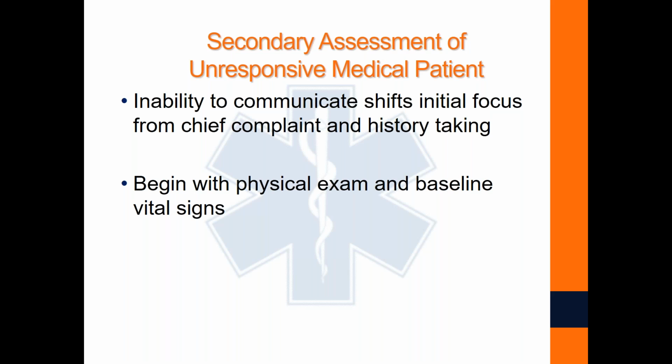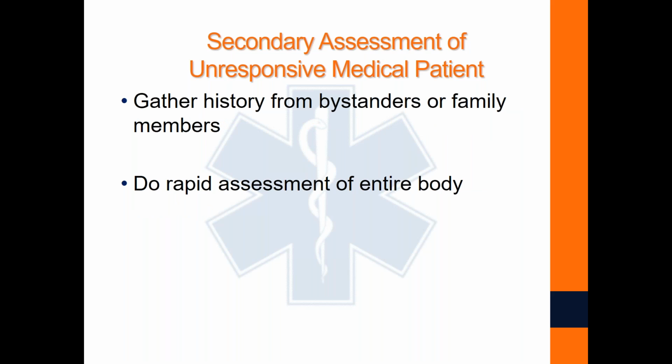We get our set of baseline vital signs and we do what is in the patient's best interest most of the time. And we take care of their ABCs and we transport. Unresponsive patients are difficult because there's absolutely nothing we can do to get in the information.